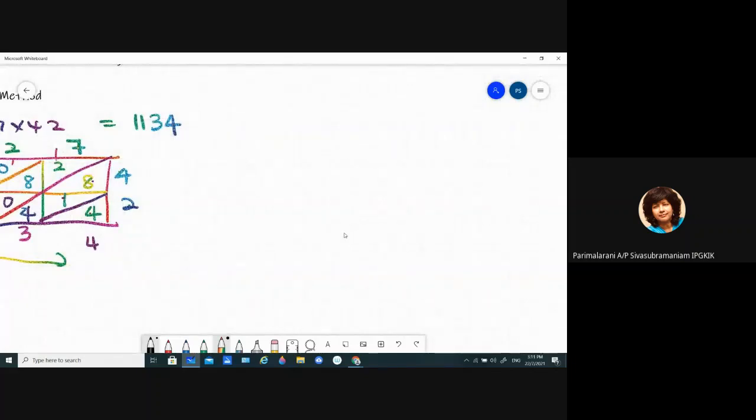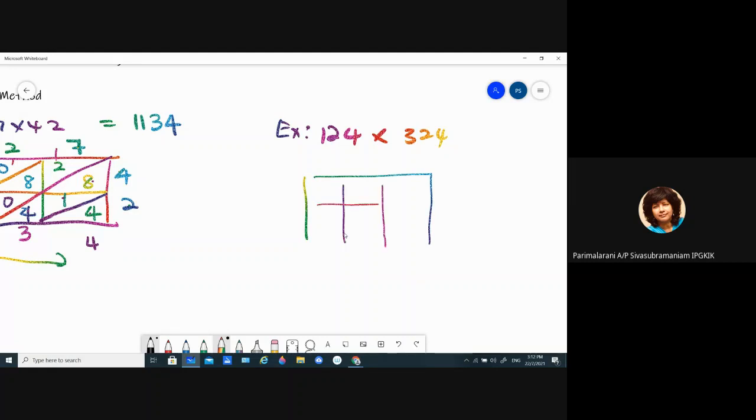Actually, it's quite easy. It breaks the multiplication down into basic facts. Say you have another number, 124 times 324. You have two numbers like this, so how many boxes must you draw now? 9. Yeah, 9 boxes.